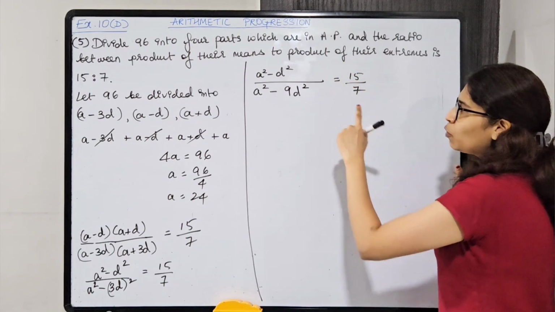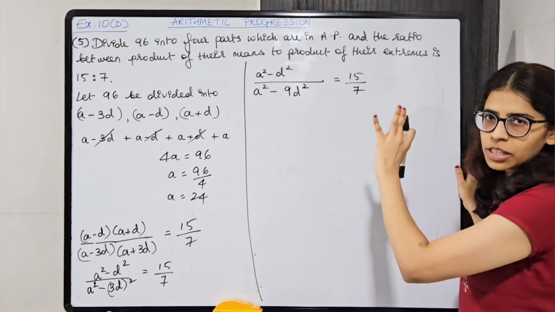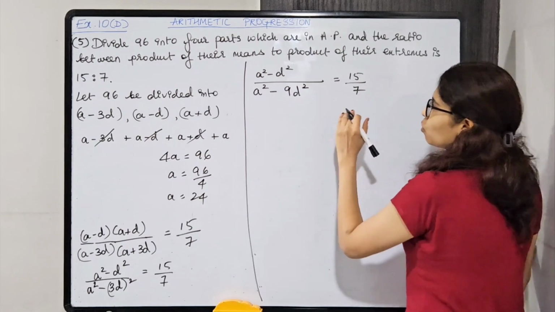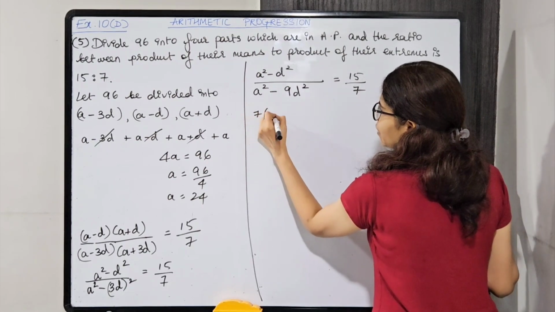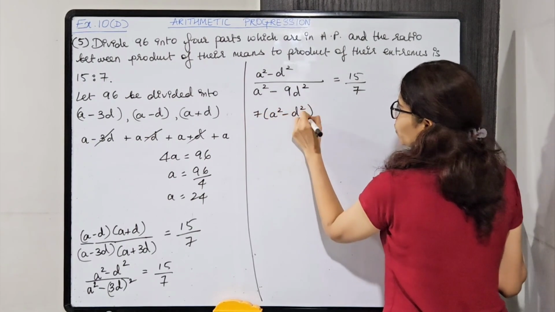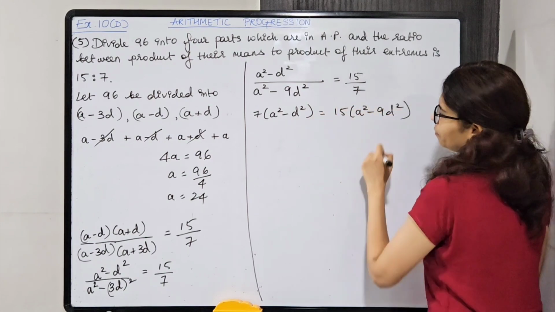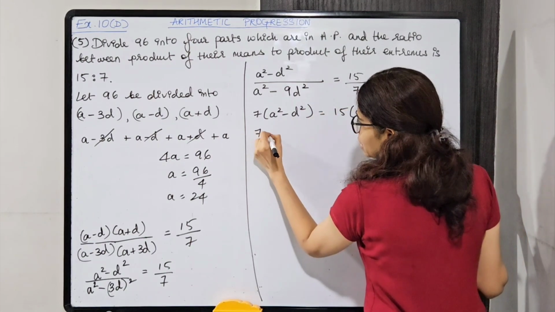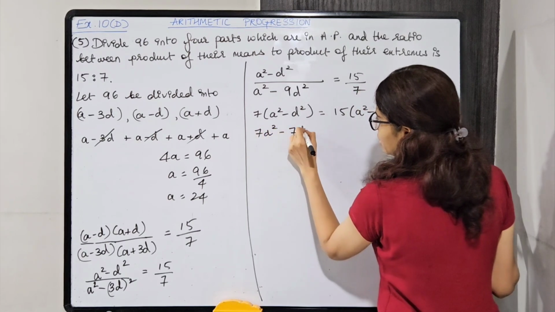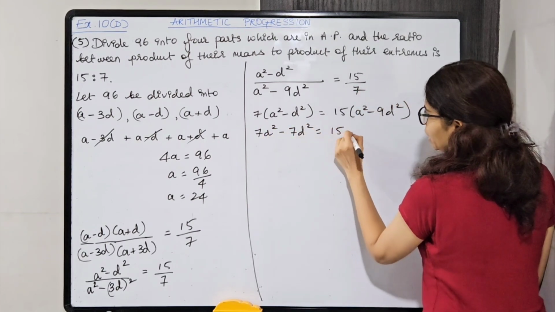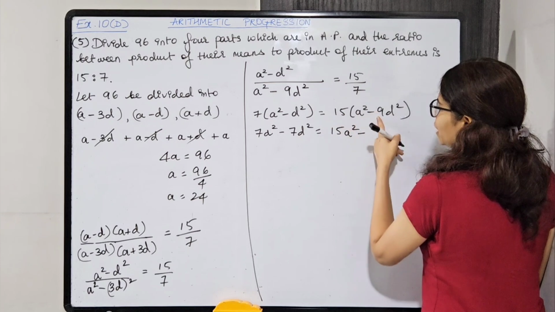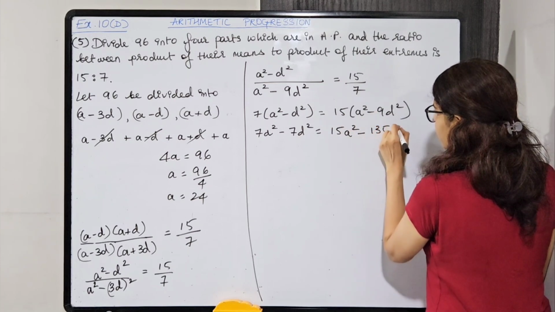ओके, we'll put the value of a later. पहले जितना हो सकता है उतना सॉल्व करते हैं. सो क्रॉस मल्टीप्लाइंग 7 into a square minus d square is equal to 15 into a square minus 9d square. So 7a square minus 7d square is equal to 15a square minus 15 9s are 135d square.